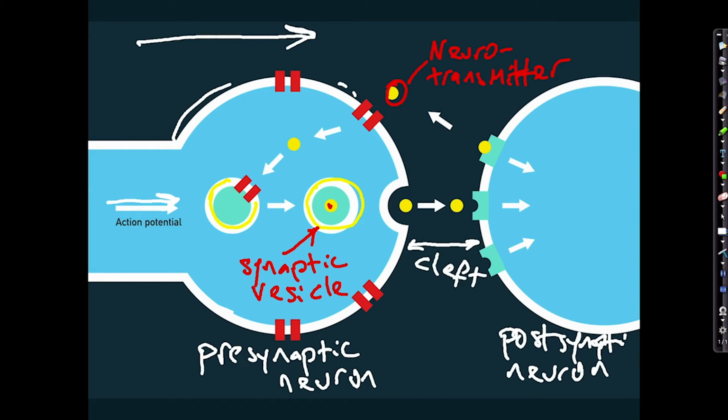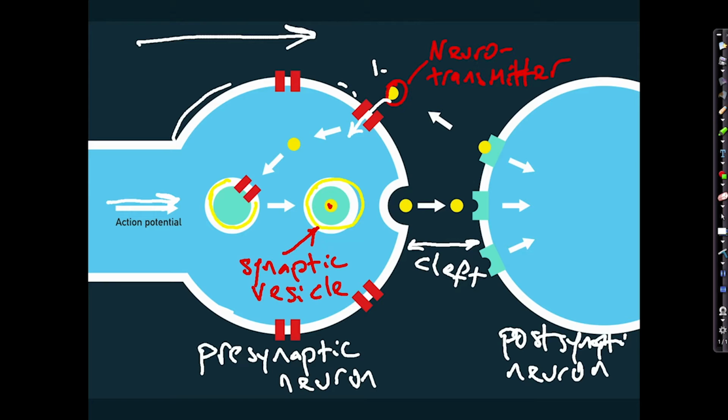So what's happening here? Let's number this. Here we have number 1. This is where the neurotransmitter is found outside of the neuron. Neurotransmitters are sometimes made outside the neuron, sometimes inside, but they need to be brought into the neuron through these special channels.